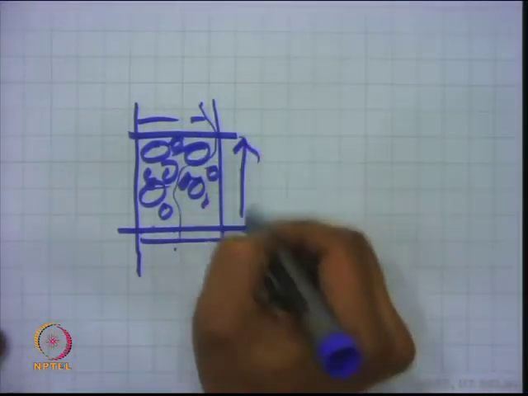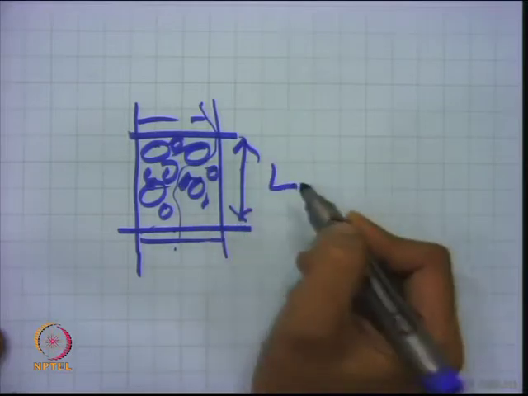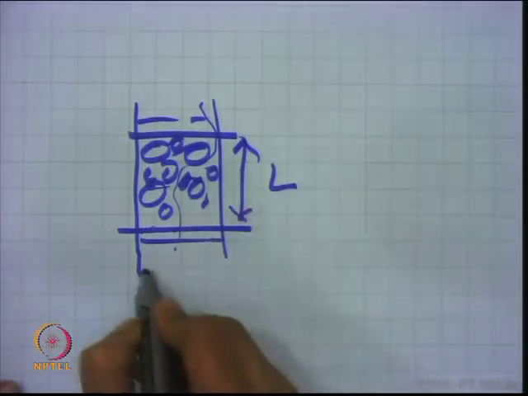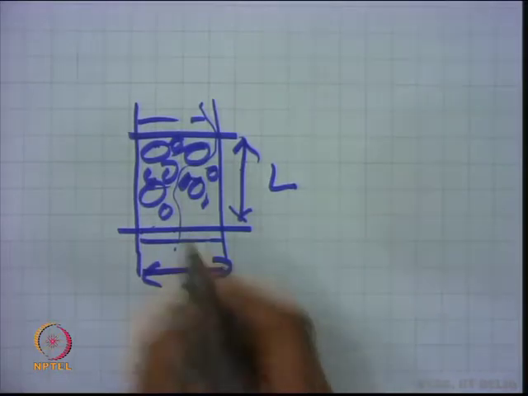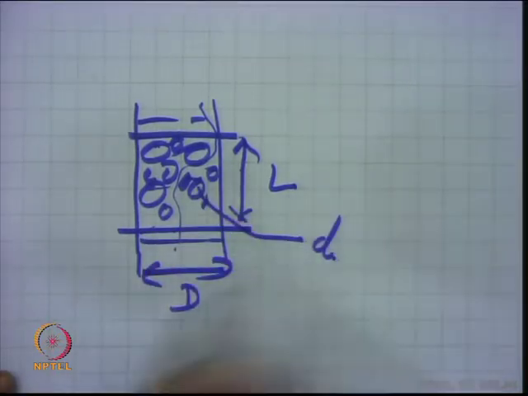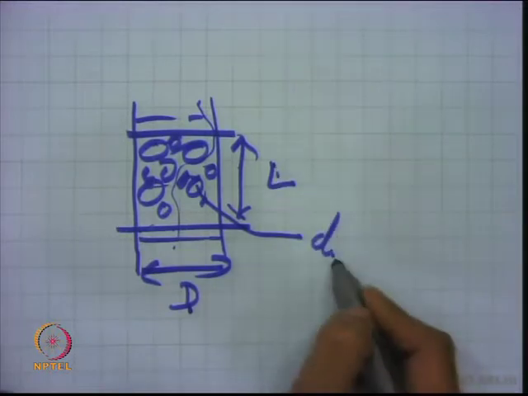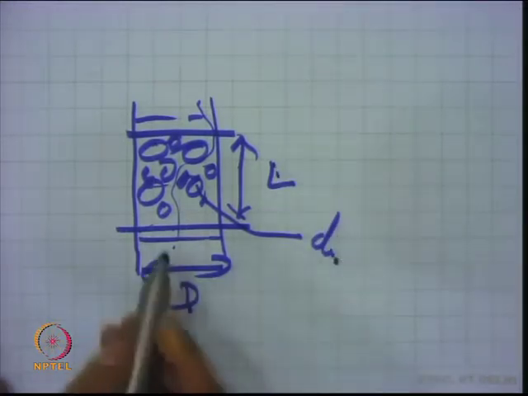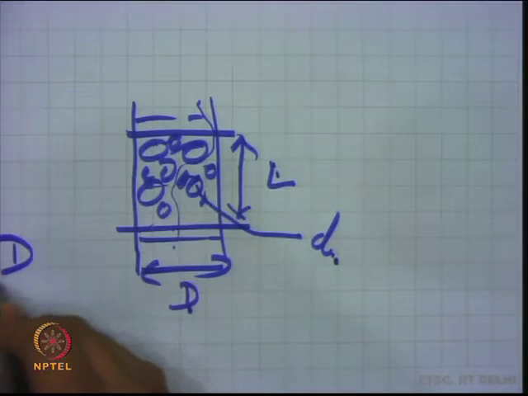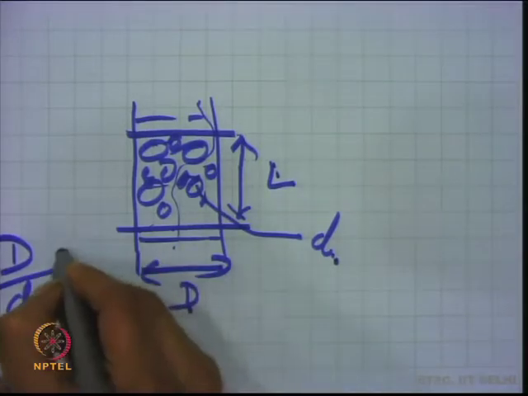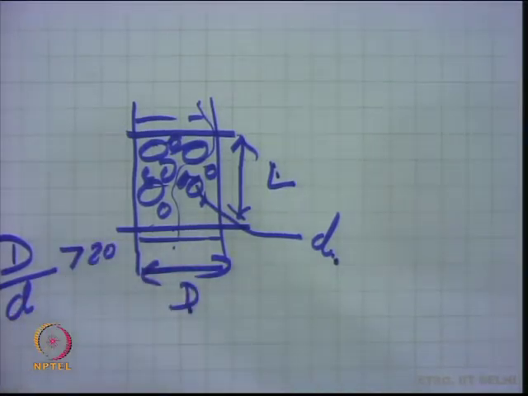And again, the height of the bed, which I called L, is important. The diameter of the reactor is important, and the size of the catalyst is important. So, all these factors should be considered. You need to have a large length to diameter ratio, and a definite D by T ratio also, to avoid the channeling, that is the wall effect.